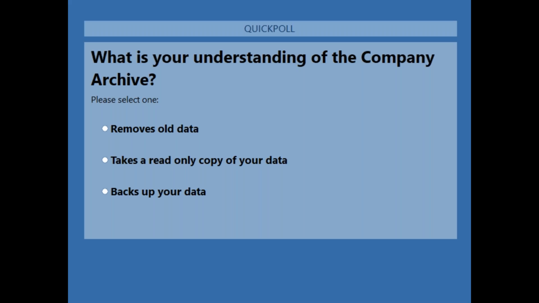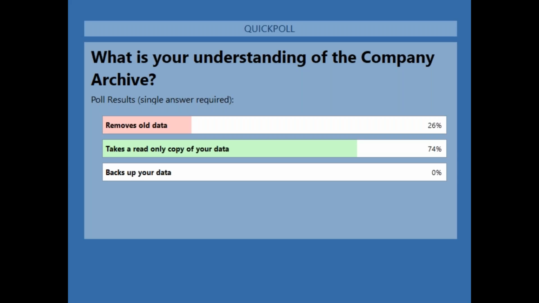Okay, so we've got around 70%. So what I'll do now is I'll close that poll. Don't worry if you haven't voted. We'll close that down and I'll share the results with you. What you can see is we've got 26% of you think it removes all data, and 74% of you think it takes a read-only copy of your data.